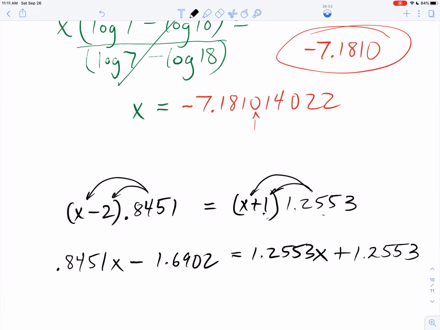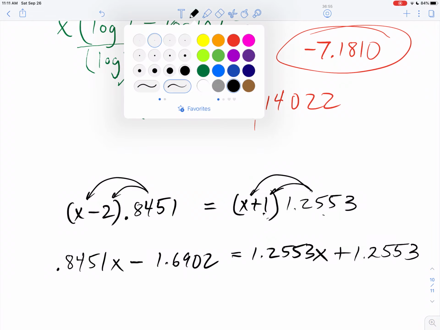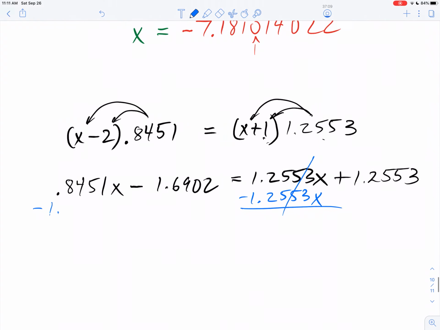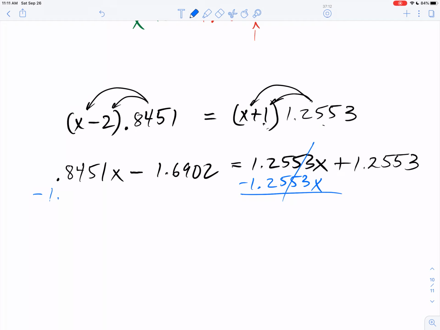And I can get x on one side, number on the other. I'm going to color code this again. Oh, come on, please, blue pen. And I'm going to move my x's to one side. And away we go. I'm going to have to scroll down a little bit. 1.2553.